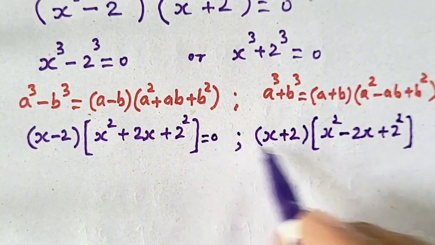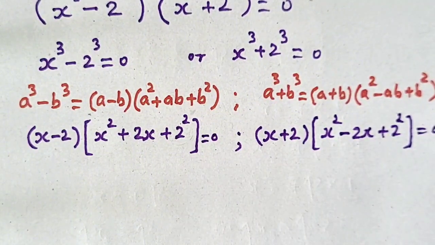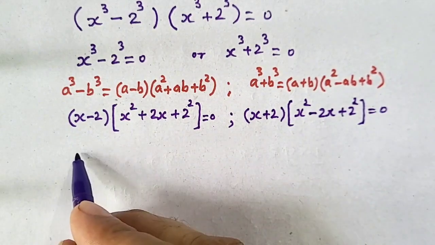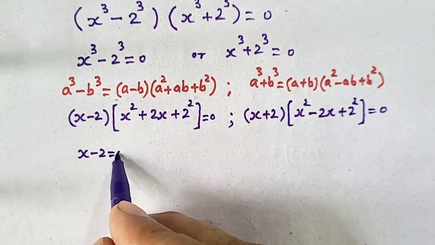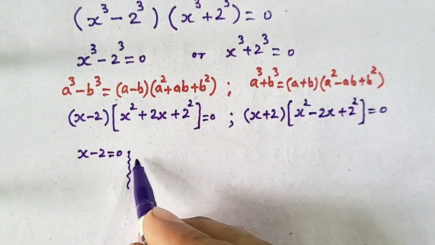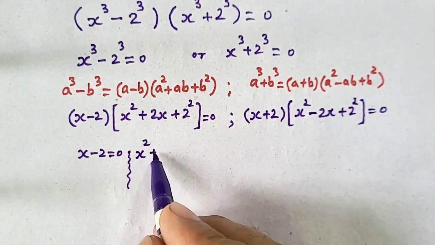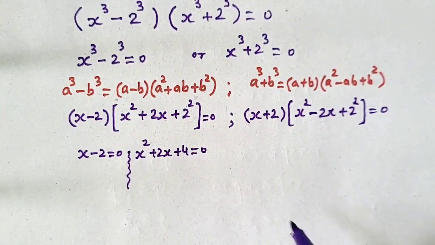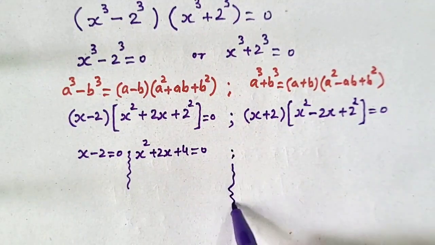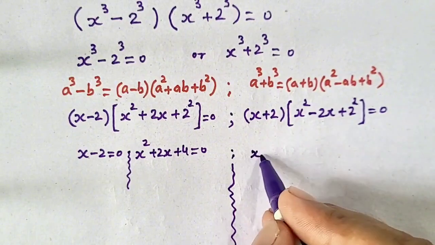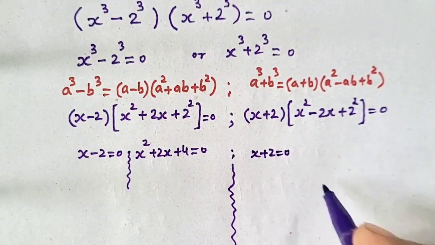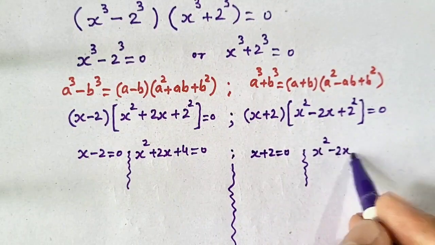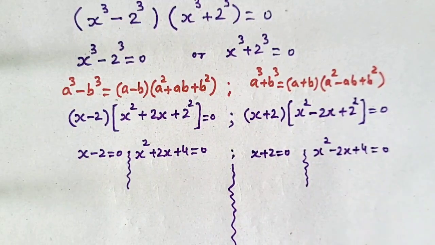It is equal to 0, or this one is equal to 0. So here are two cases. x minus 2 is equal to 0, or x squared plus 2x plus 4 is equal to 0. And here x plus 2 should be equal to 0, or x squared minus 2x plus 4 is equal to 0.